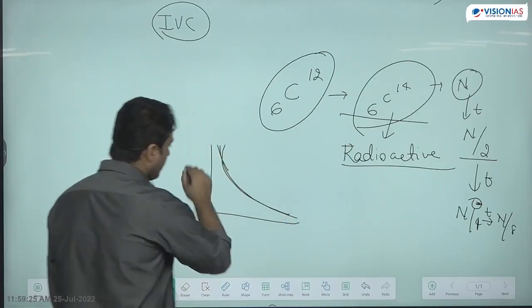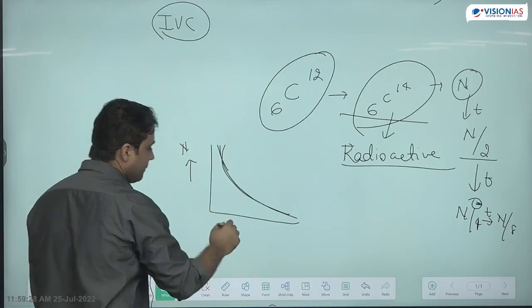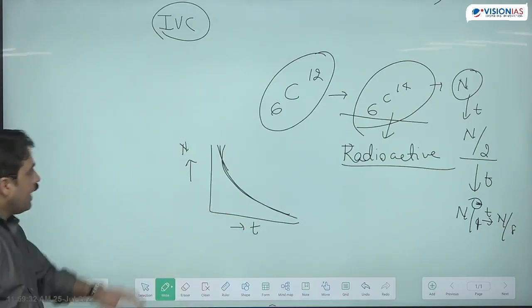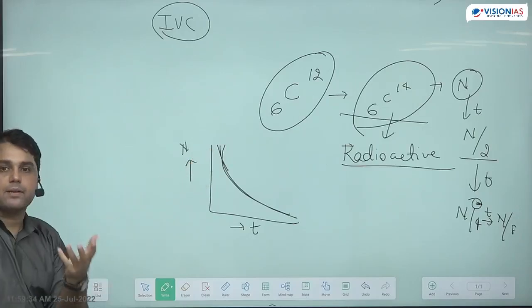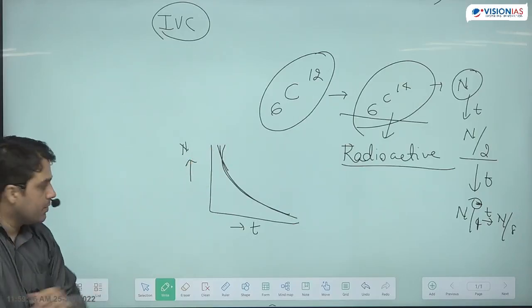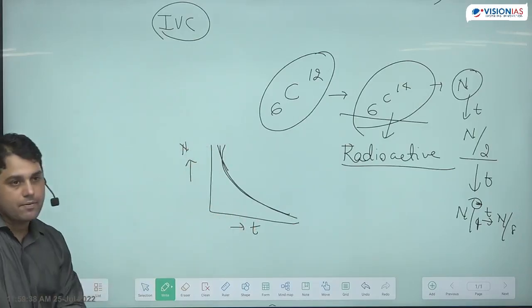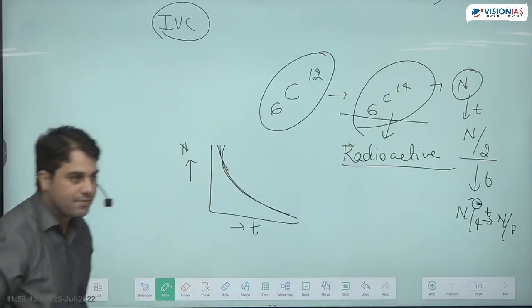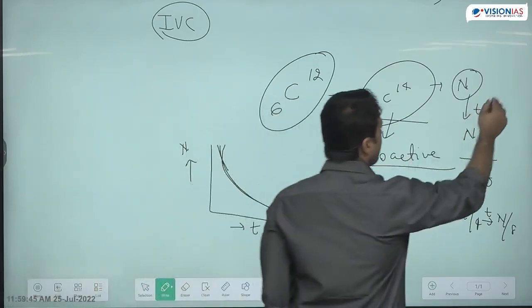It will be a curve like this. If N is here and t is here, then with time, the number of carbon-14 in a particular sample is going to reduce following such a graph. This time t is very useful. It is called the half-life.